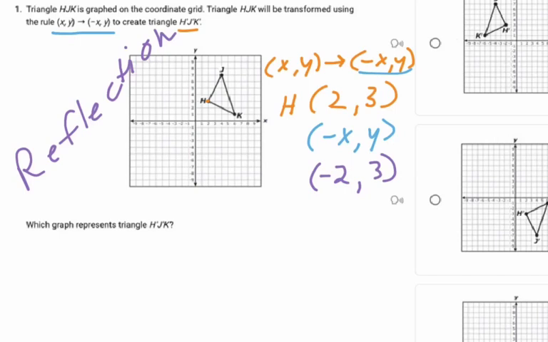And that'll be the new coordinate point. Well, where is coordinate point (negative 2, 3)? It's going to be right over here. Negative 2 spaces over, 3 spaces up. It's kind of tiny, I apologize for that, but it's going to be in that section right over there. That will be the new H, right over there with the apostrophe, for what's going to be the transformed image.